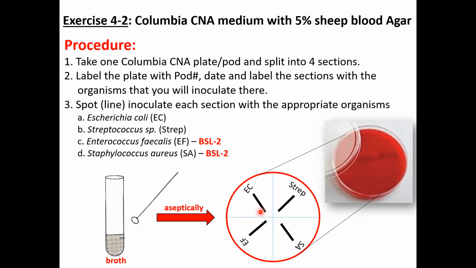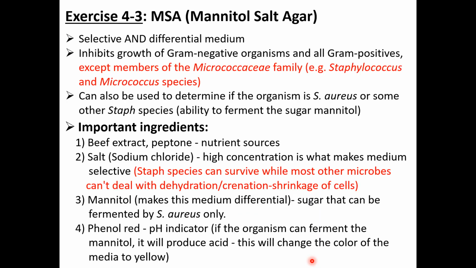But the inoculation would be very simple. We would streak each section with the respective bacteria, and one of them would be a Streptococcus species. We don't have to know exactly what strep species, because all of them kind of do the same thing. Then would be Enterococcus faecalis, and then would be Staph aureus down here. Okay, so that would be that. That's all we need to do.